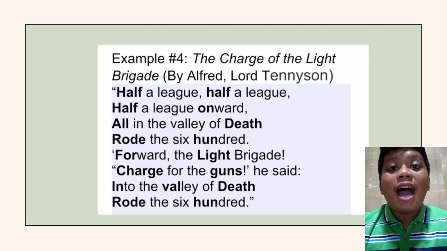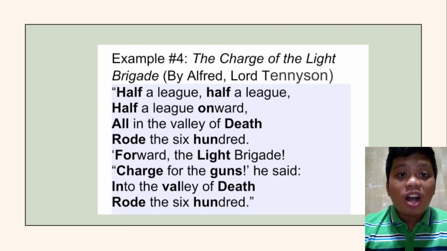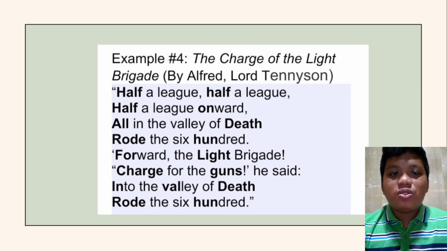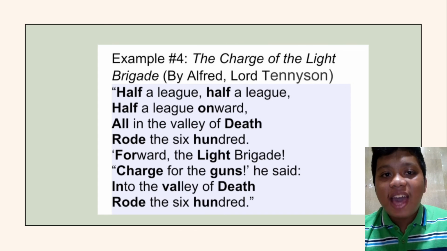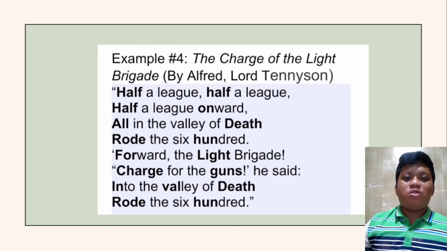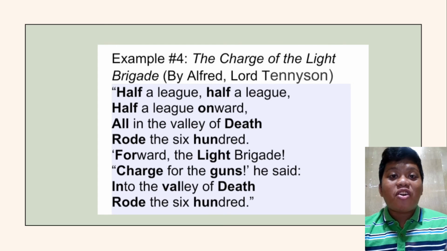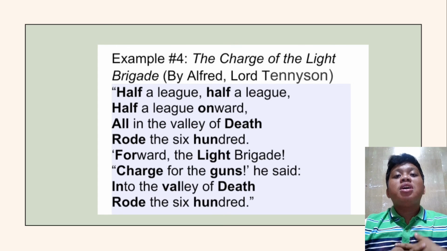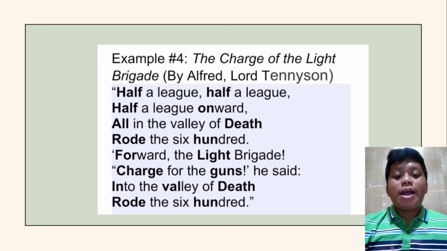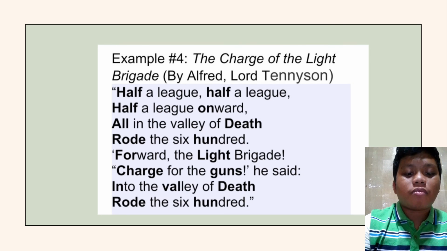Forward the Light Brigade! Charge for the guns, he said. Into the valley of Death rode the six hundred. So, those are the examples of poems that used iambic tetrameter.